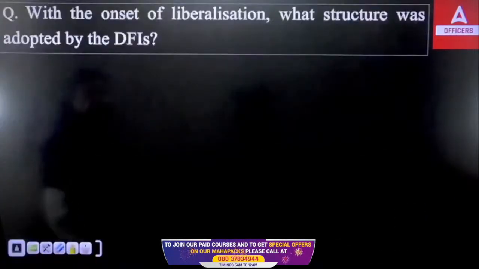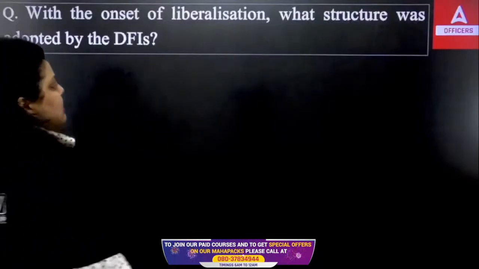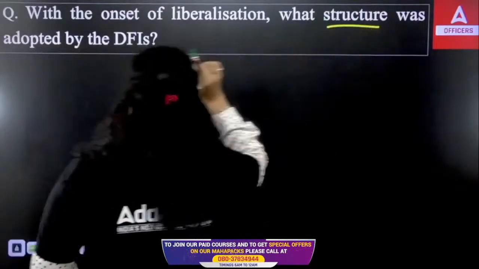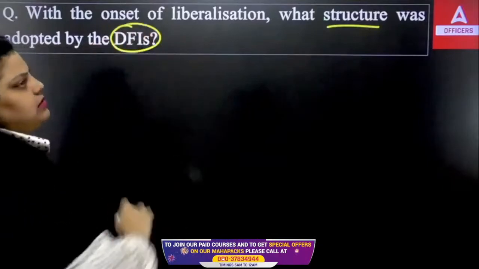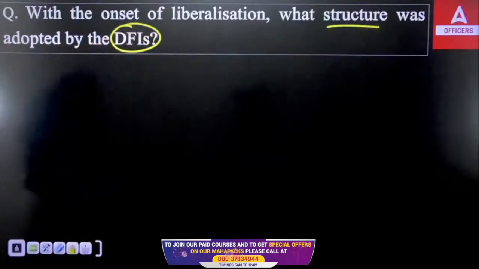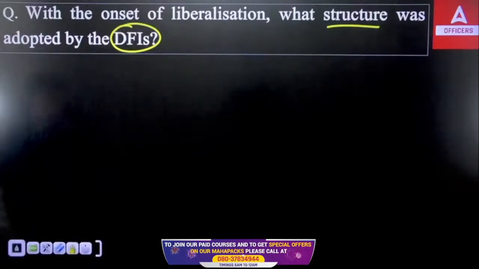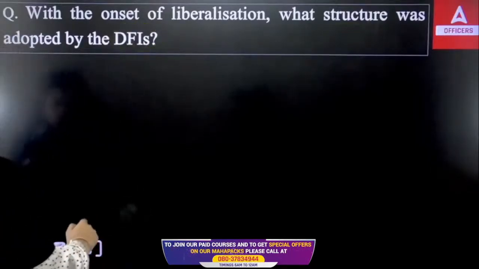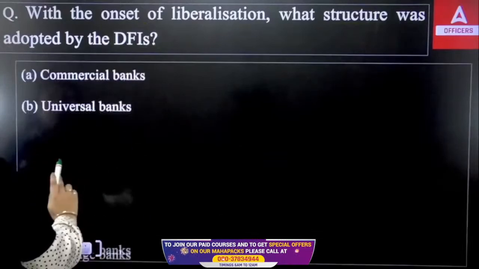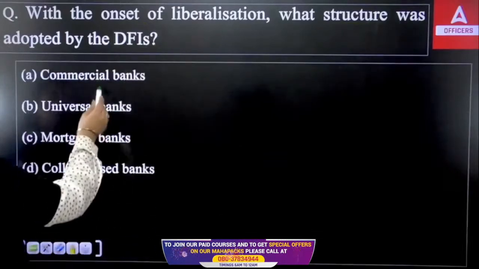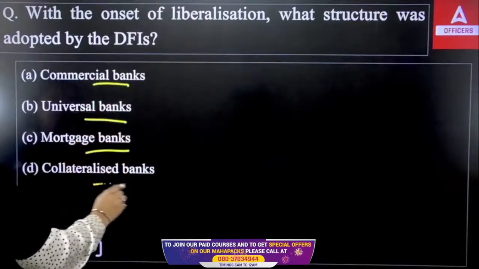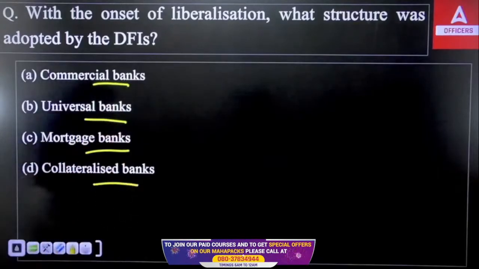Okay. Now next question we have here. With the onset of liberalization, what structure was adopted by development financial institution? And you have these options: commercial banks, universal bank, mortgage banks, collateralized bank.